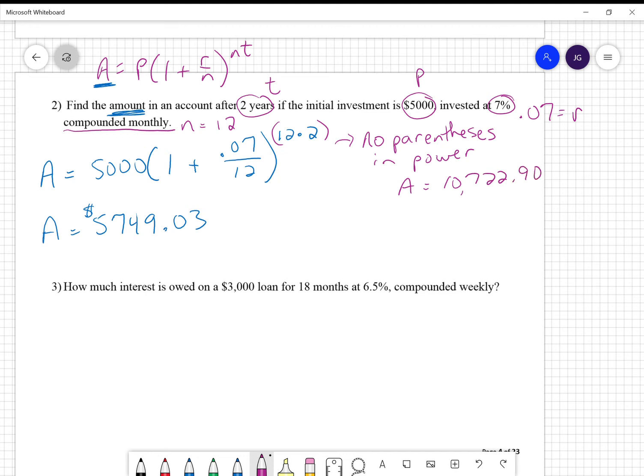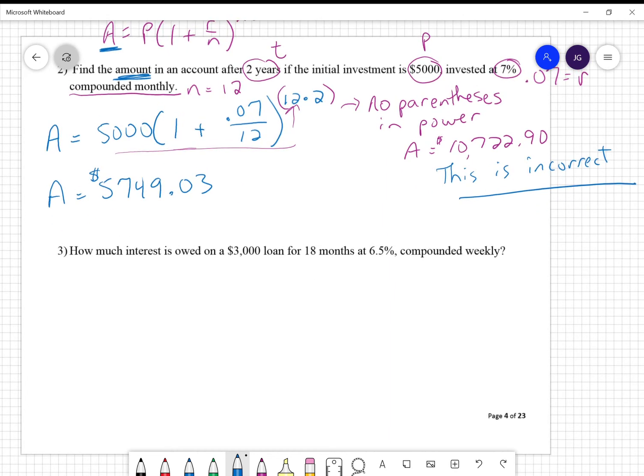Big difference between the value. Basically, if you don't have a parenthesis, it takes this to that power and then multiplies that answer by 2. So don't forget your parentheses. Or what I simply do is just do 12 times 2 is 24, and I enter my power as 24.